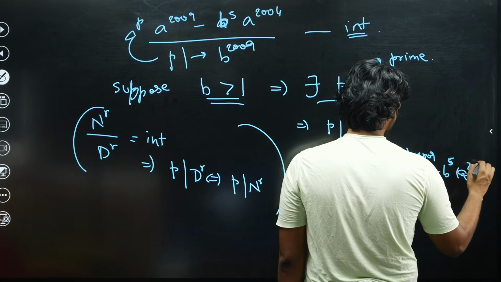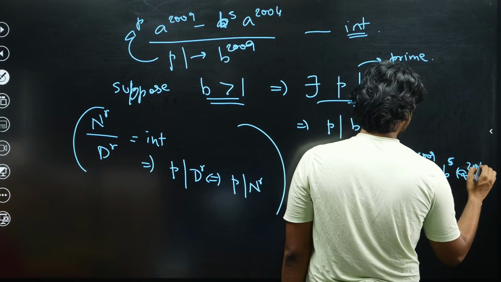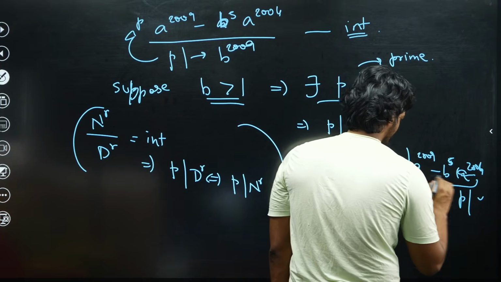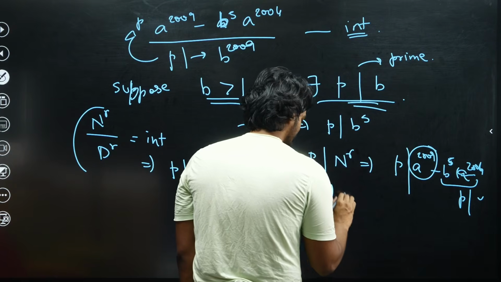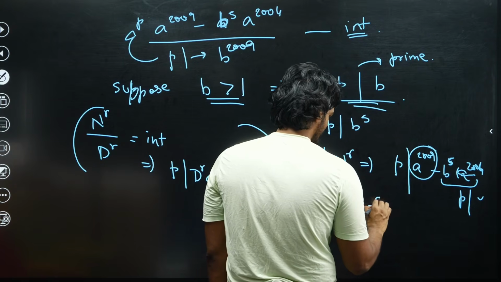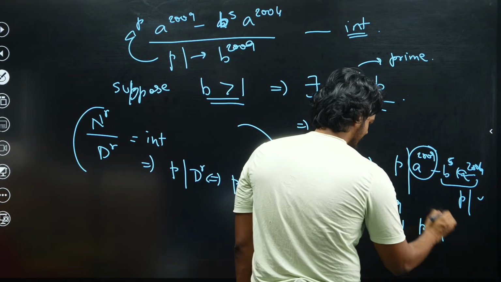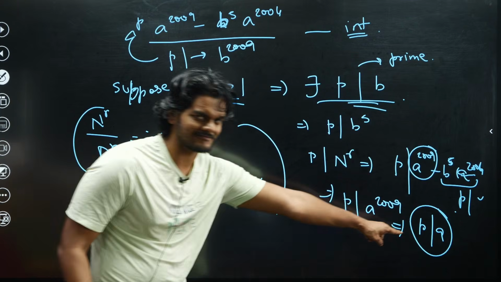This is divisible by p, p divides this, so p has to divide this also. That means p divides a power 2009. That would obviously mean that p divides a. This is a contradiction.